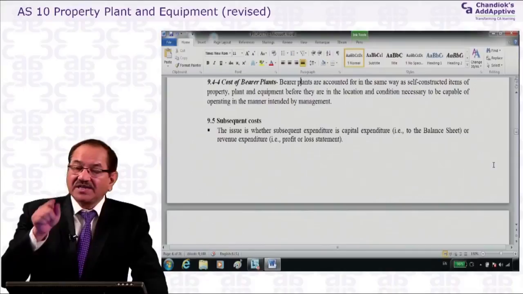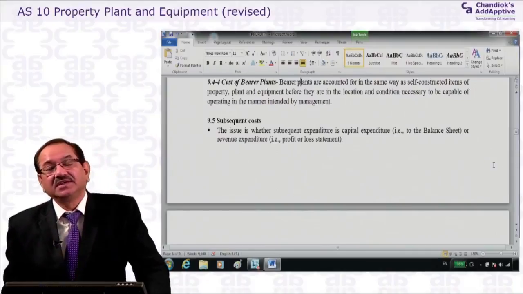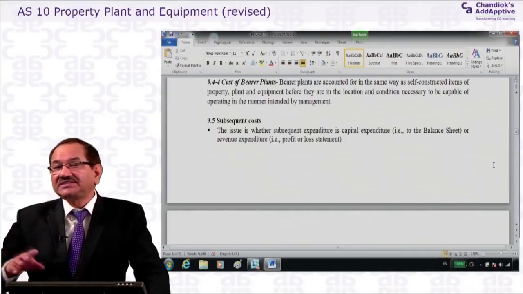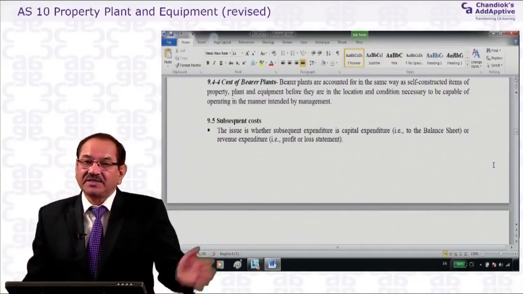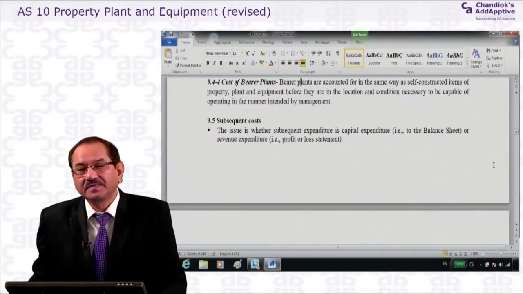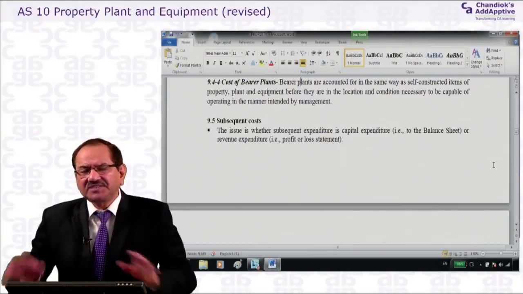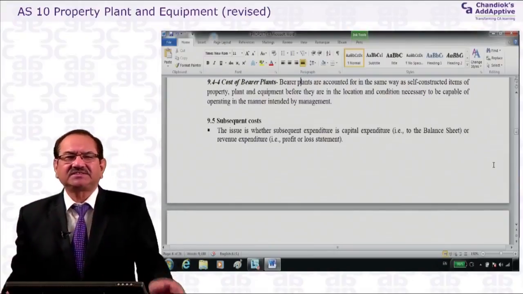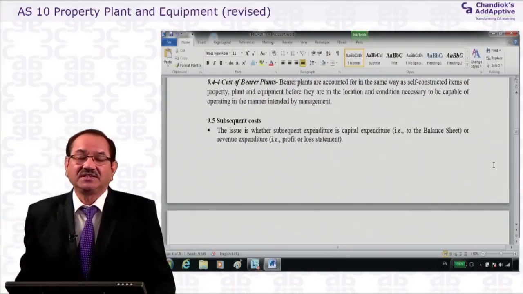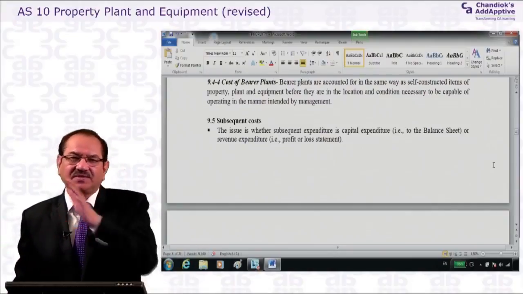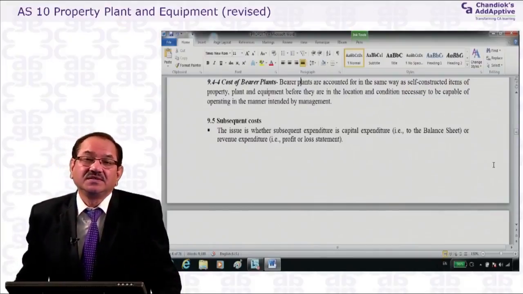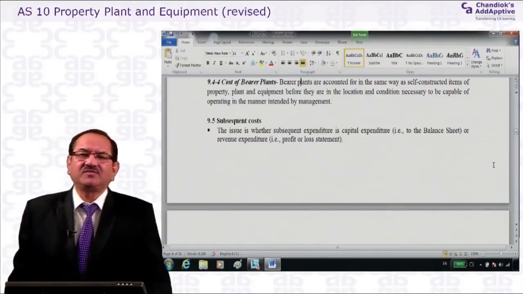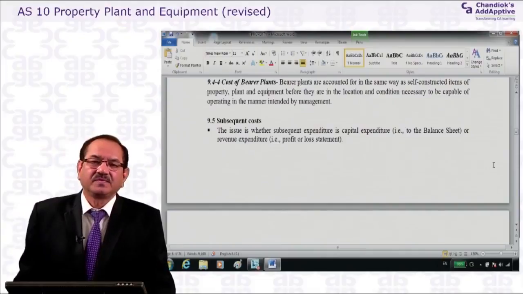But when you talk about the exchange of assets, the earlier standard AS 10, which you might have read in your PCC, was classifying it as similar and dissimilar assets. There is no such question here. They said it will be recorded at fair value unless it lacks commercial substance. It will always be recorded at the fair value of the asset acquired.